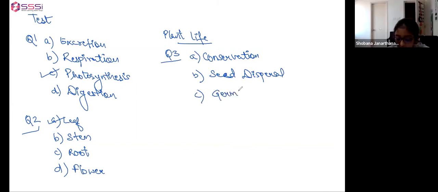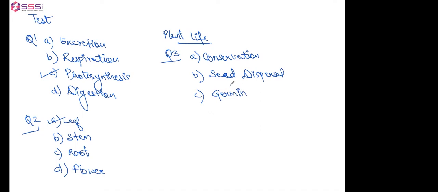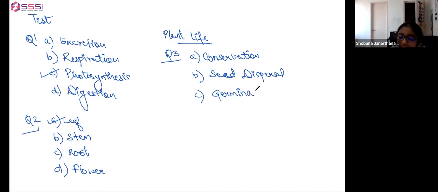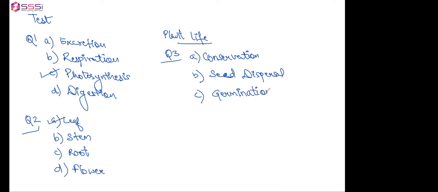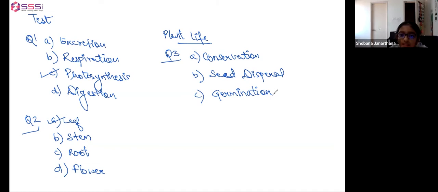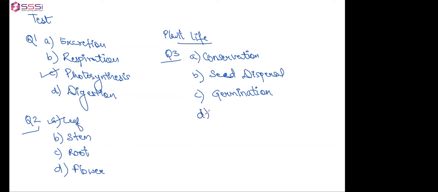What is excretion? Excretion means when you feel tired. Plants don't feel tired. When their necessary requirements are not fulfilled, then they feel tired. Yes, ma'am. So plants also become tired when they don't have what they need. Correct.